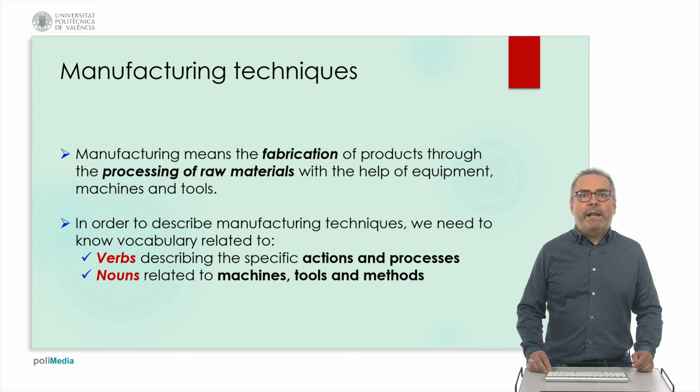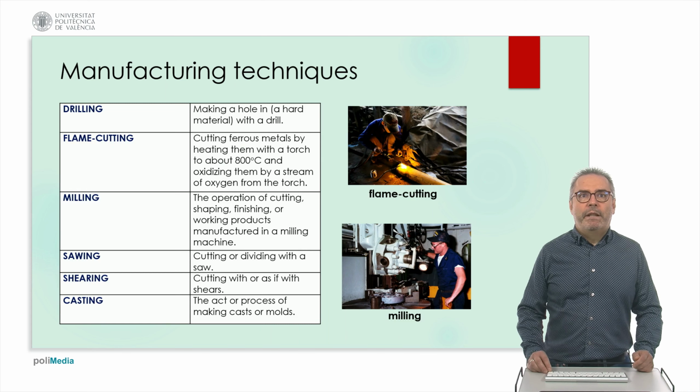In order to describe these techniques, it is important to know vocabulary related to, on the one hand, verbs that describe the specific actions and processes that are used in these manufacturing techniques, and also some nouns related basically to machines, tools and methods related to these techniques.